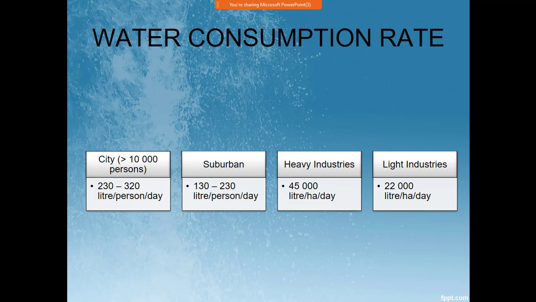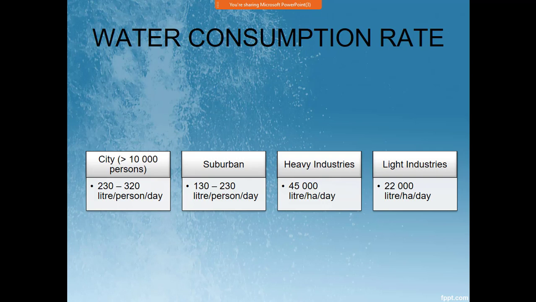But normally there is a range. For cities with more than 10,000 persons, the water consumption rate is around 230 to 320 liters per person per day.